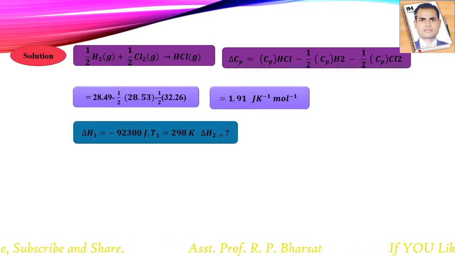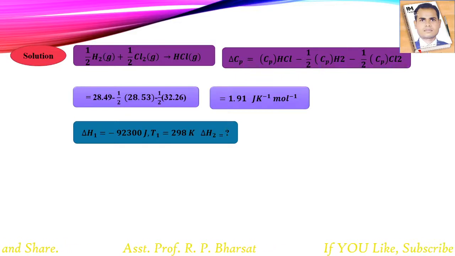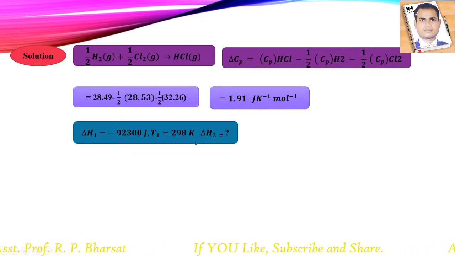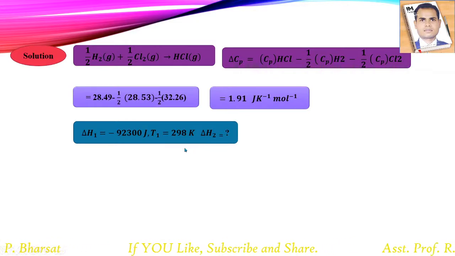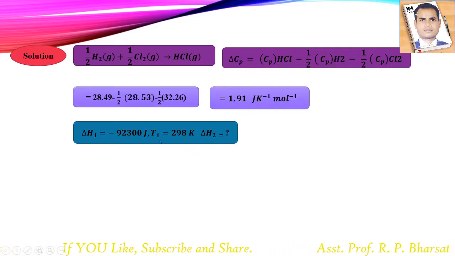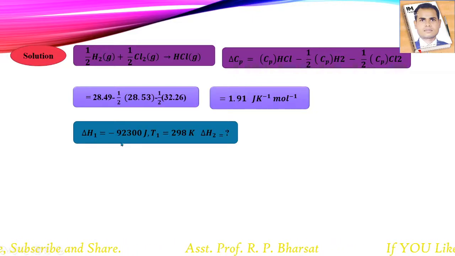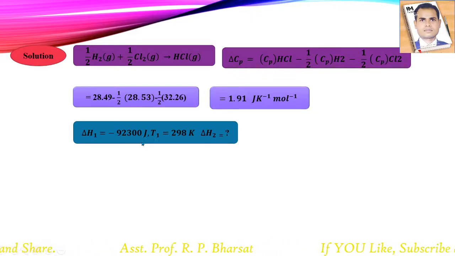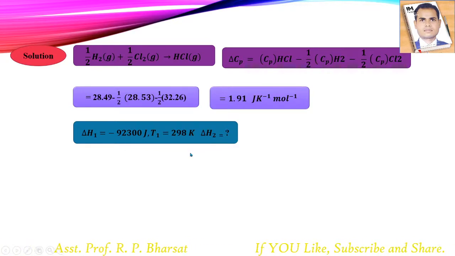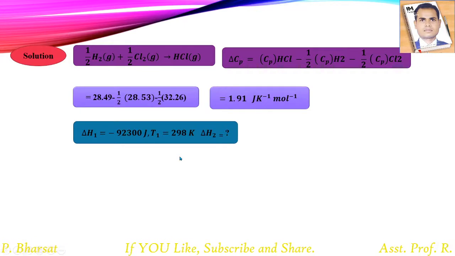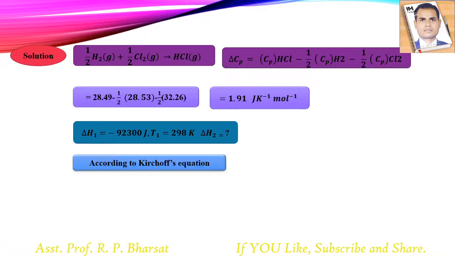And for the delta H1, that value is given at T1 of 298 Kelvin. So what will be the value for delta H2? Delta H1 value is given, minus 92300 joules. What will be the value for delta H2, that we have to calculate according to Kirchhoff's equation?